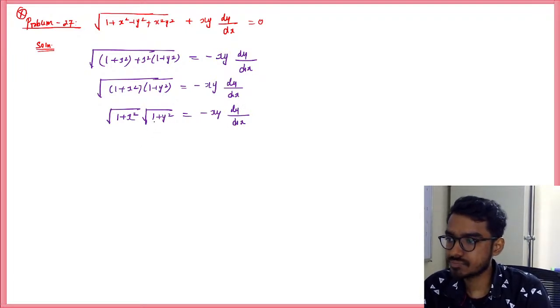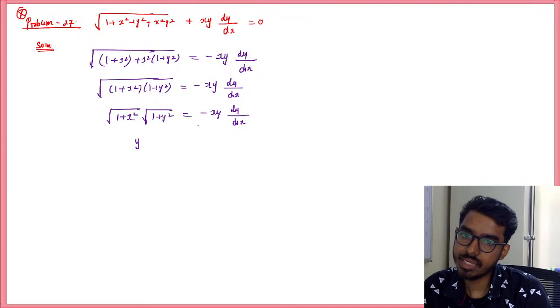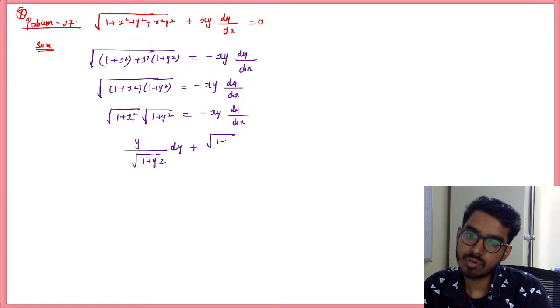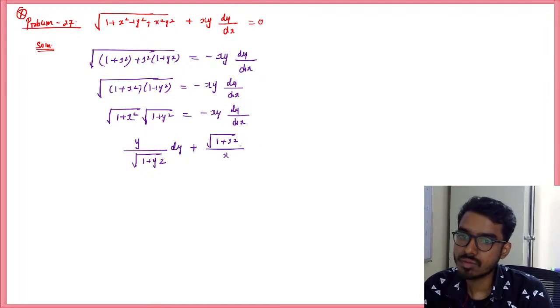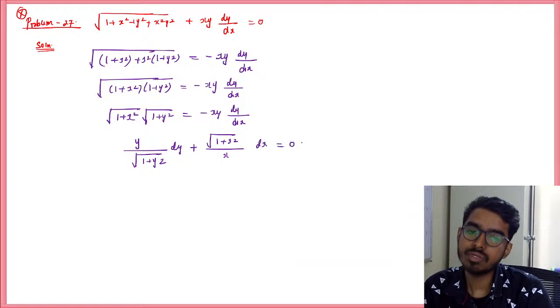So we have y by root of 1 plus y square dy plus root of 1 plus x square by x dx, right, is equal to 0. Now you know how to evaluate both the integrals, right?